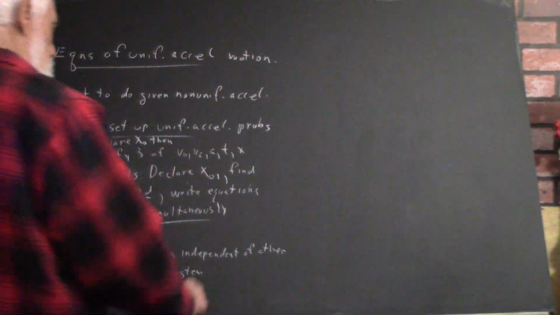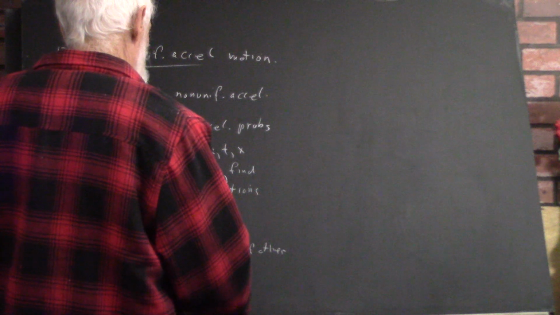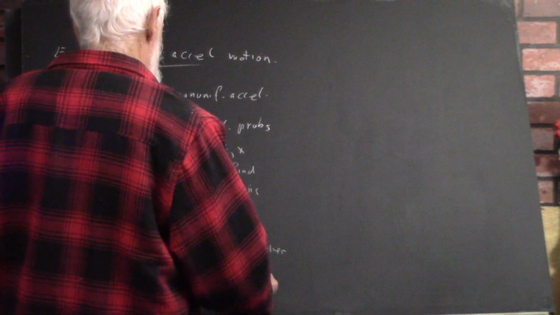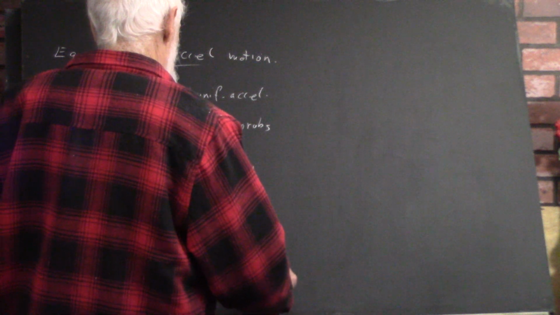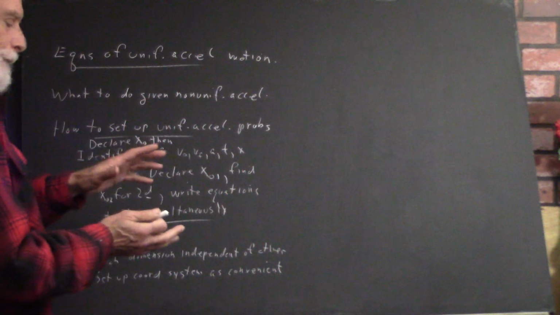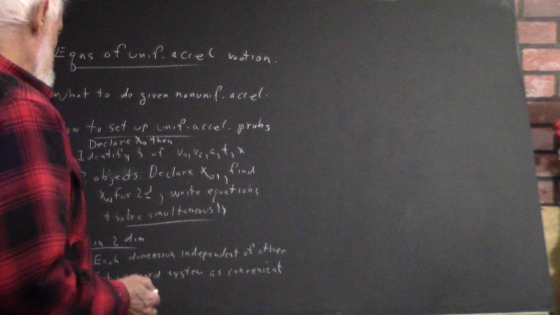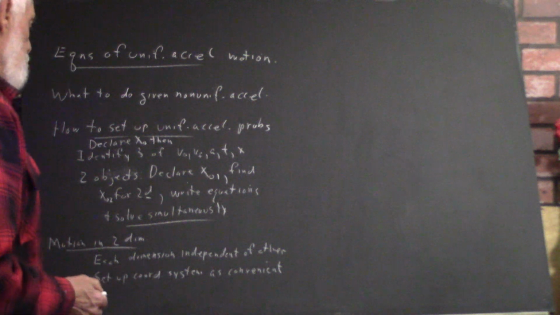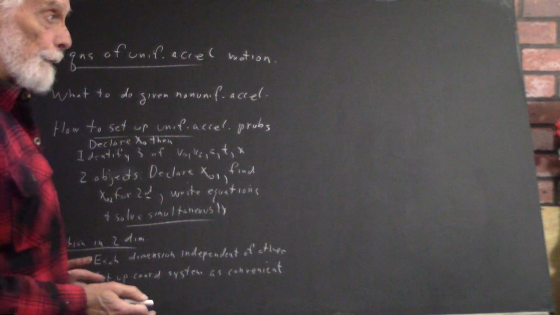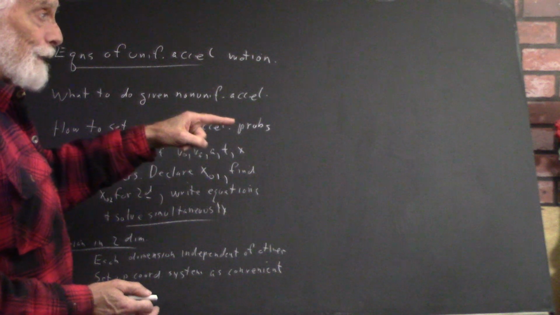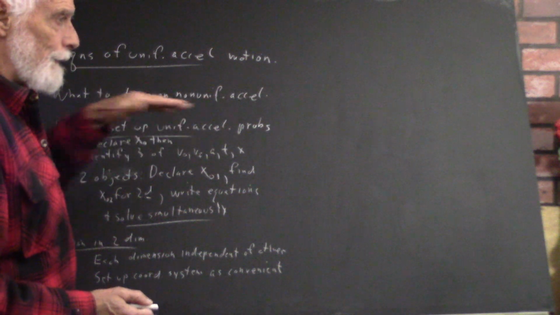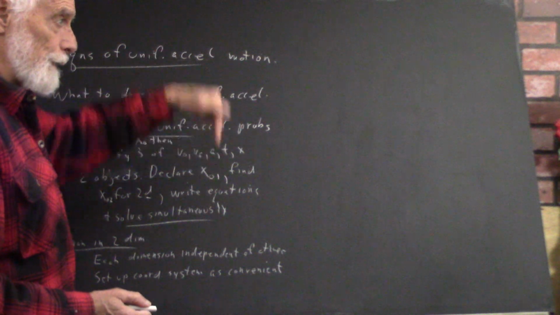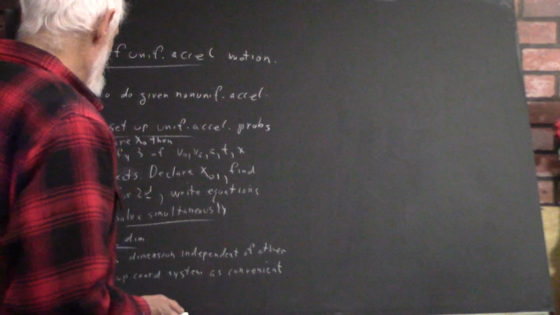You set up your coordinate system as convenient. You can have it level, you can have it rotated. If you're dealing with projectiles, for example, you'd better have it level, because then you have 0 acceleration in one direction and gravitational acceleration in another.